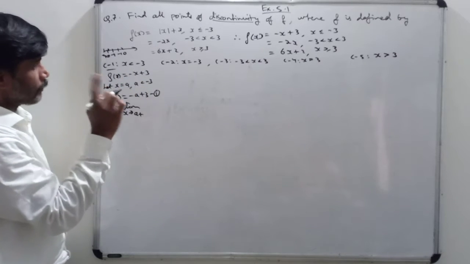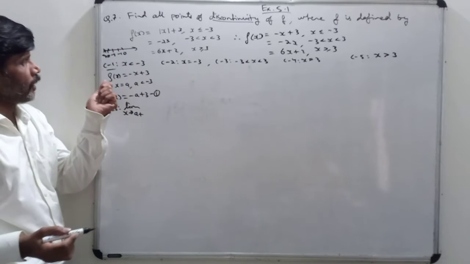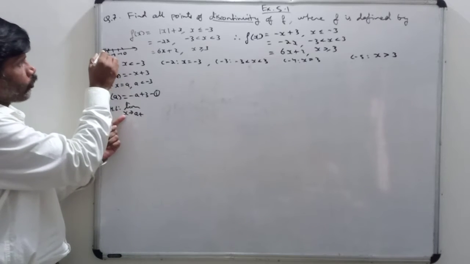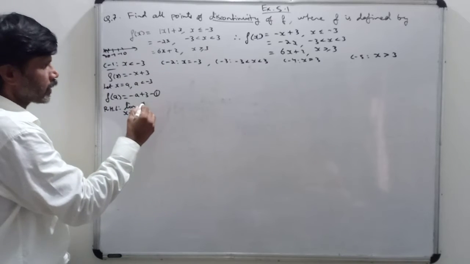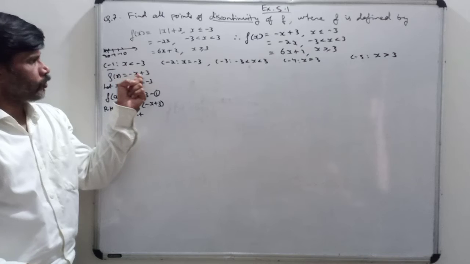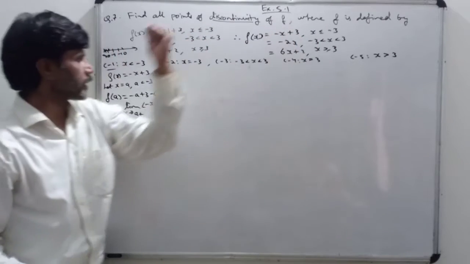Sorry, we have kept in our mind a as -4. Less than -3 means you have to keep the value of a as -4. So -4 plus means -3.99. -3.99 is less than -3. So the function will remain the same, f(x) = -x + 3, because x is less than -3.